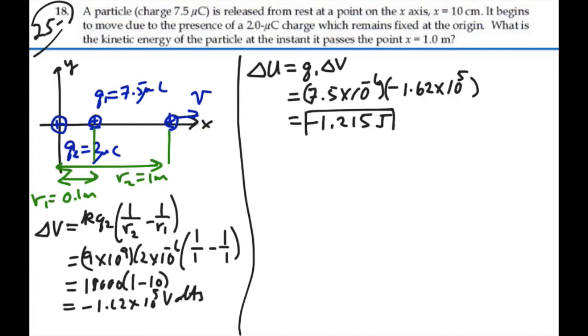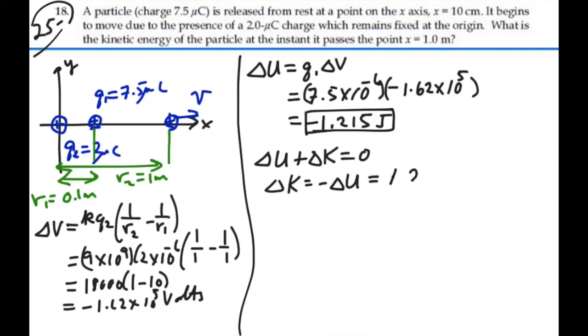That's our change in potential energy. We want to find the final kinetic energy. Since the change in potential energy plus the change in kinetic energy is equal to 0, our change in kinetic energy is the negative change in potential energy. So that would be a positive 1.215 joules.